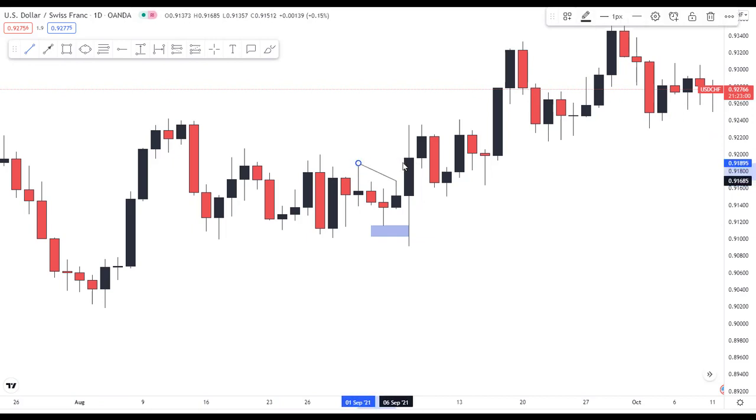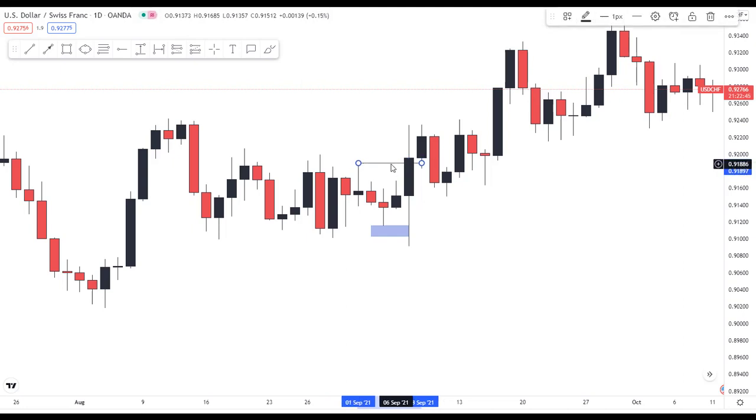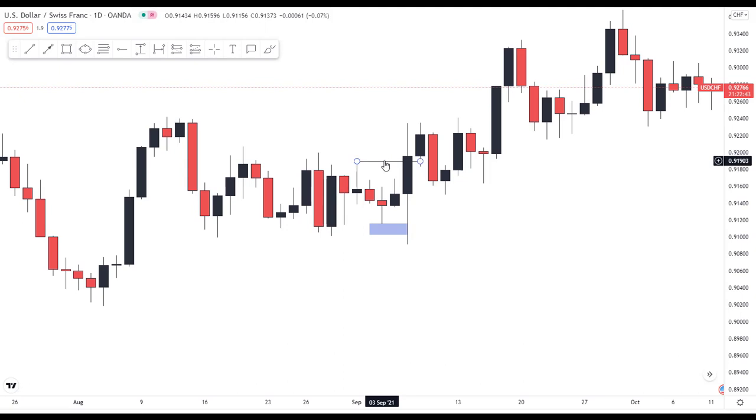Here comes TradingView once again. Okay. So this would be T1 right here. And we would have T2 around here.